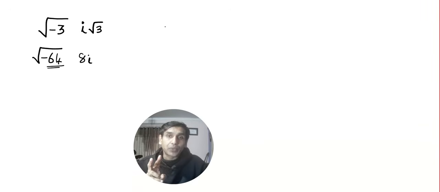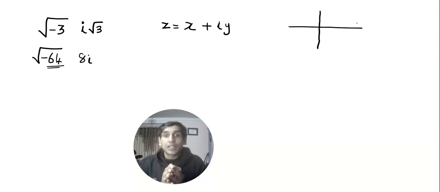Point number 2. We are not able to add a real number with an imaginary number, and we end up with the complex number. We denote the complex number by the letter Z or W. The complex number can be converted into a graph by means of the Cartesian coordinate system by marking the complex number as x comma y.